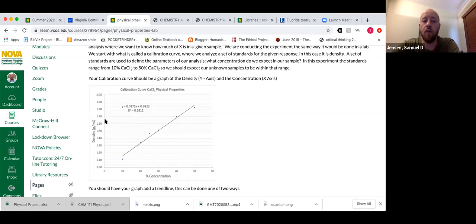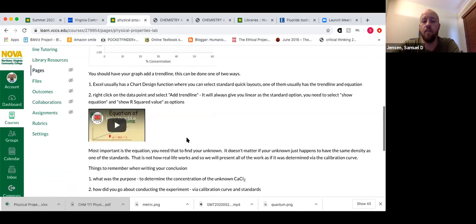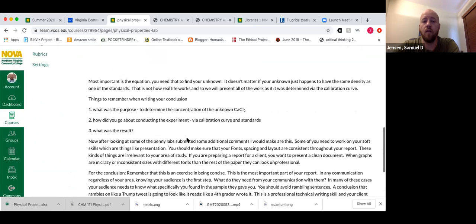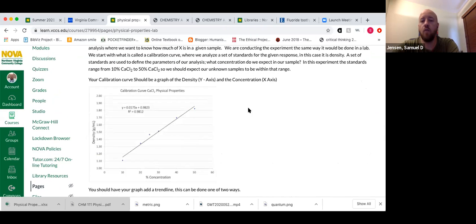So if I plug my density of my unknown in for y and I solve for x, it would give me the concentration of my unknown. So that is essentially what we are doing here. You have the data, so you are going to prepare a calibration curve of the data, and then you are going to calculate what is the concentration of the unknown.